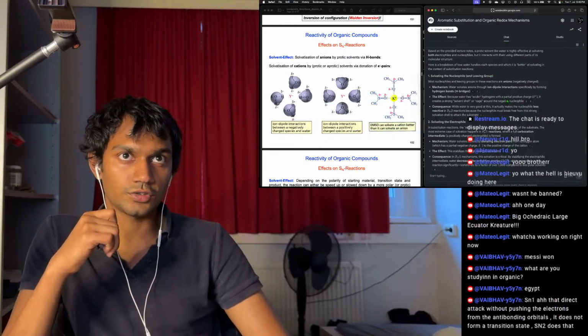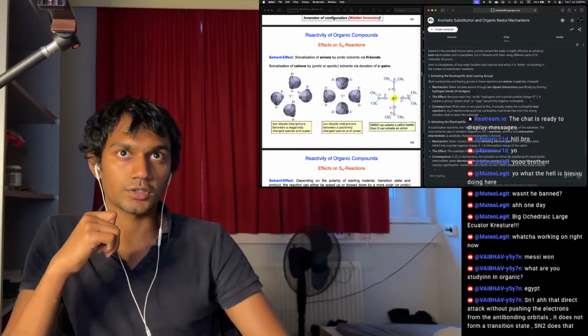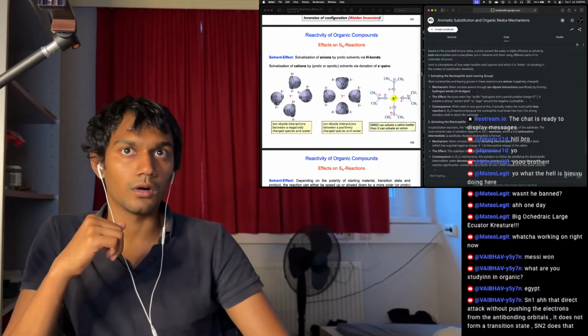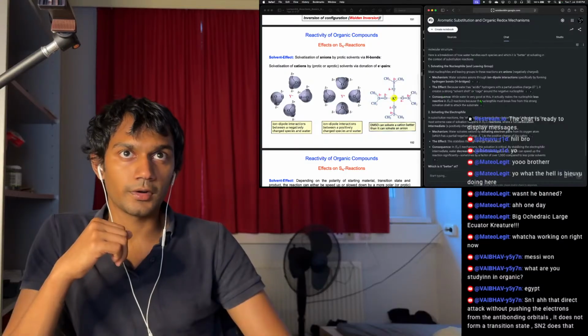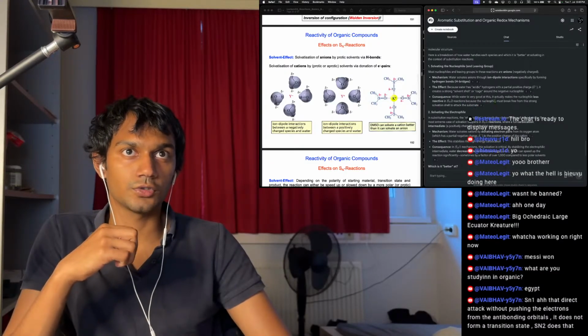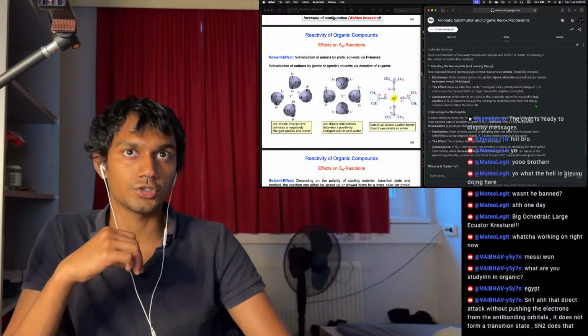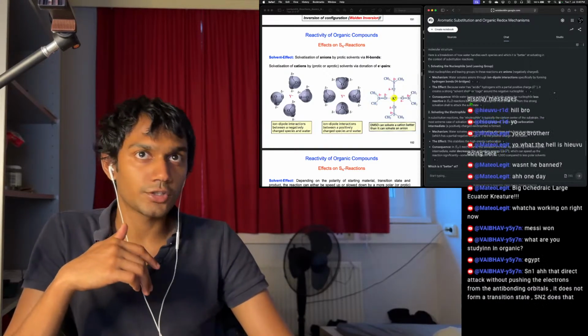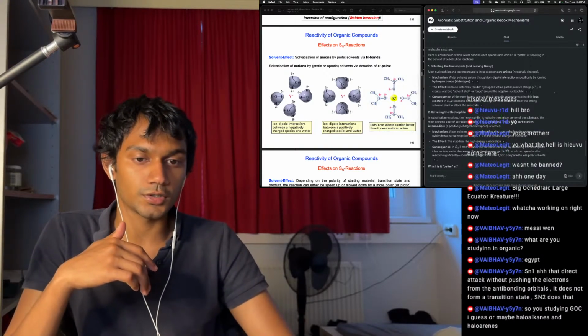Water has acidic hydrogen with a partial positive charge. It creates a strong solvent shell or cage around a negative nucleophile. While water is very good at this, it makes the nucleophile less reactive in SN2 reaction because the nucleophile must break free from the strong solvation shell to attack the substrate. That should be the same case for SN1.